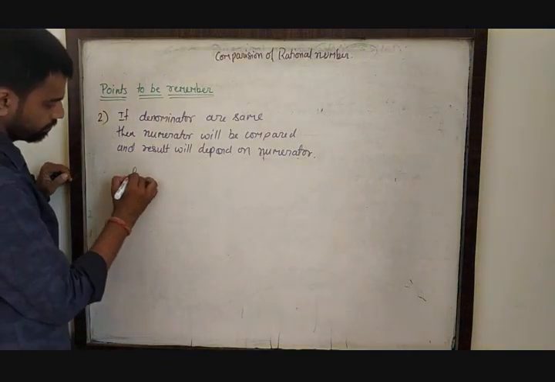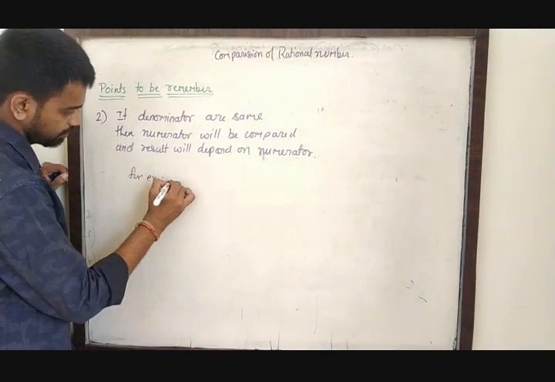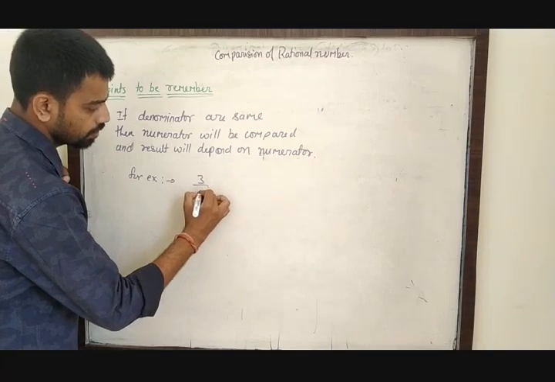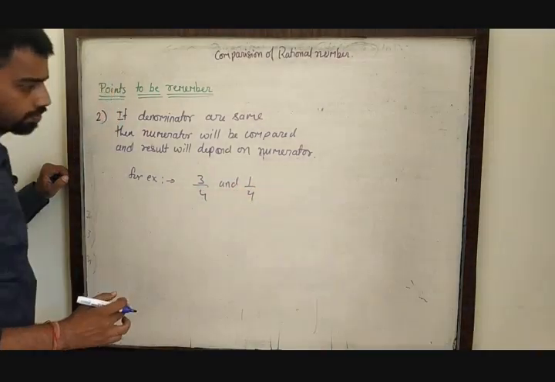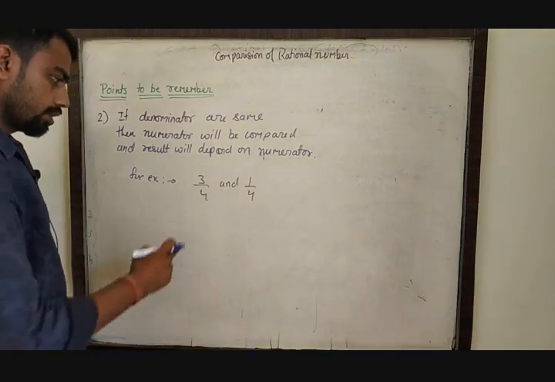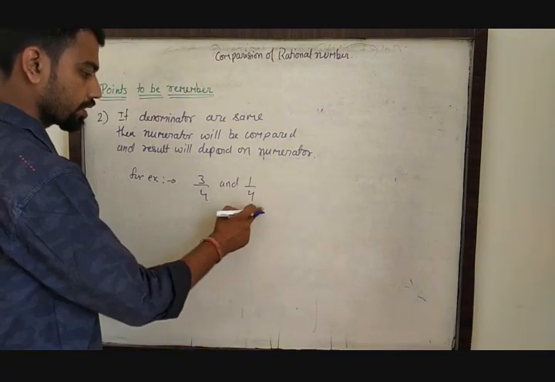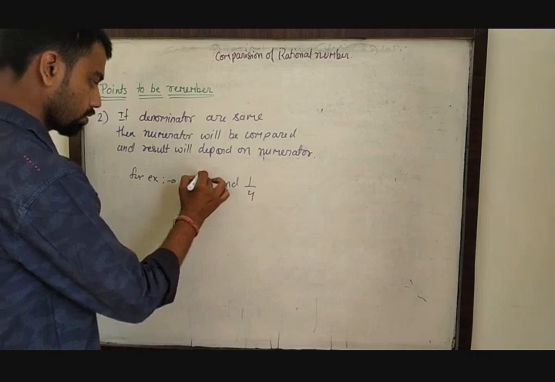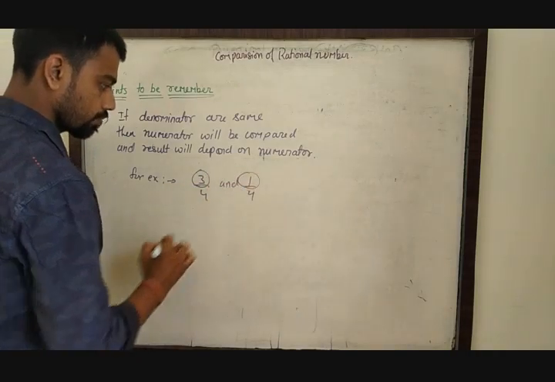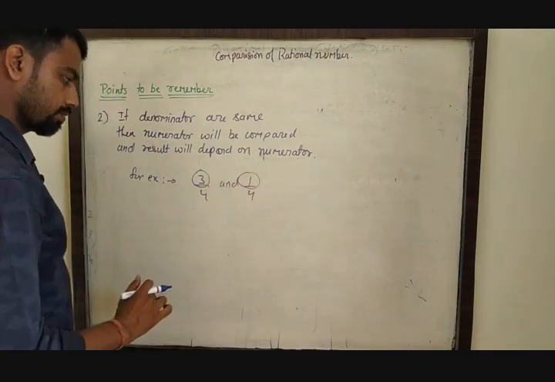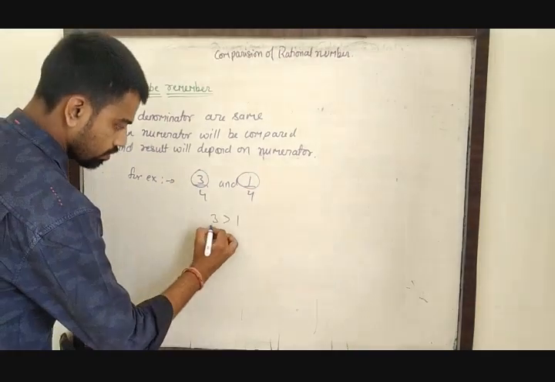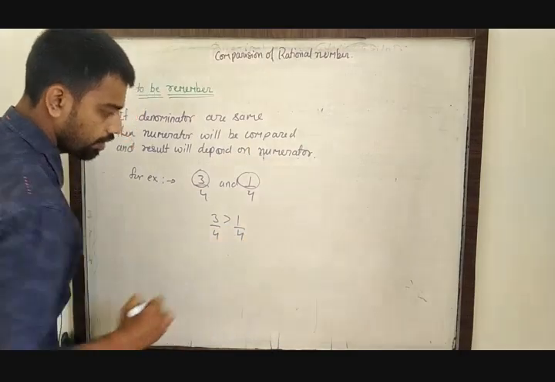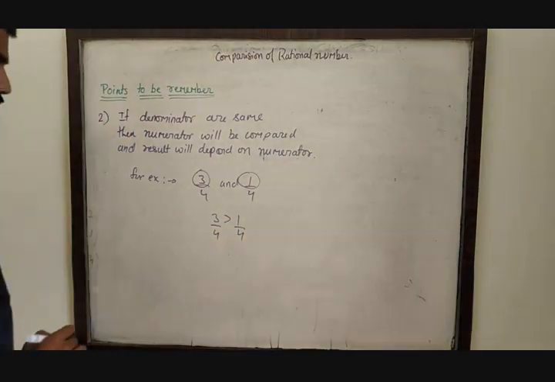For example, the same example, 3 by 4 and 1 by 4. See here, both denominators are the same, so we have to compare what? Numerators. Now which one is bigger? 3 is bigger than 1, so 3 by 4 will be greater than 1 by 4.